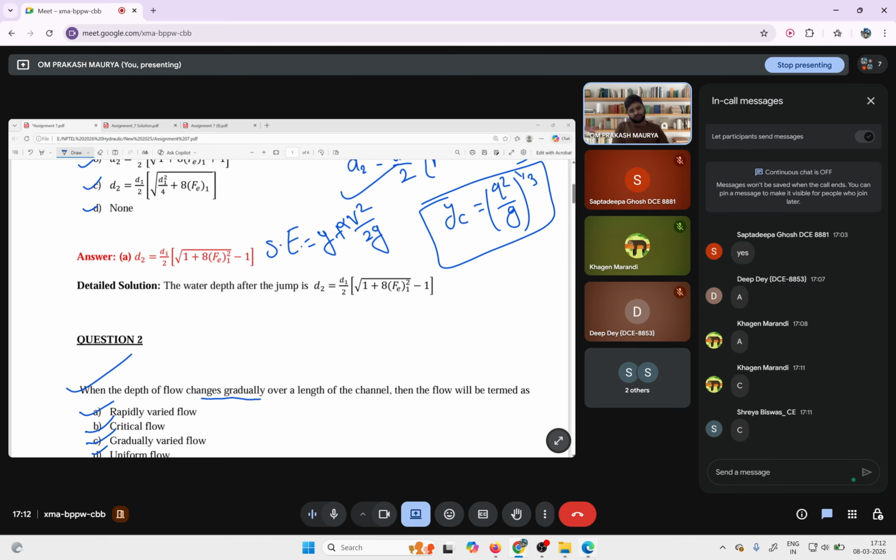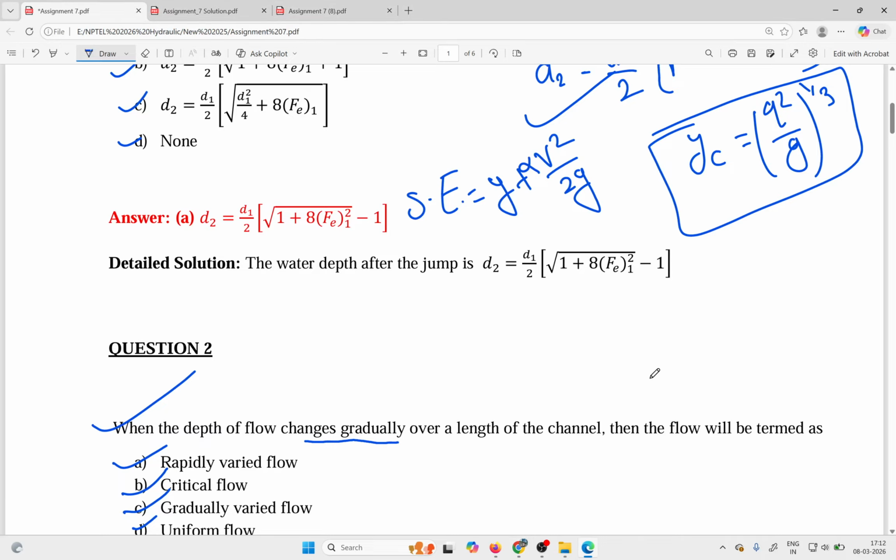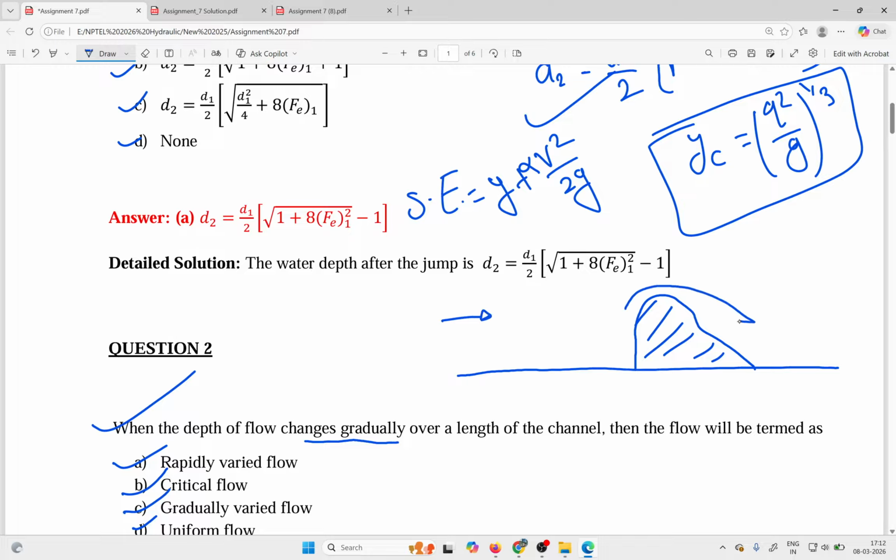The concept here, let me explain. Let us suppose you have a dam or barrier, like that. This is your upstream, and water is filled, then goes to the downstream like that. This is your downstream.